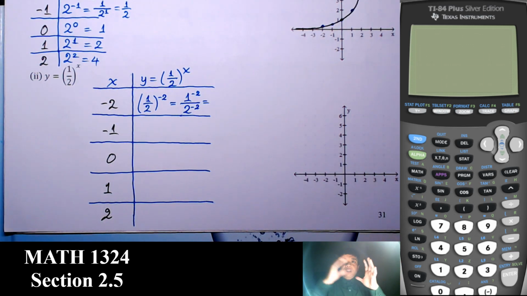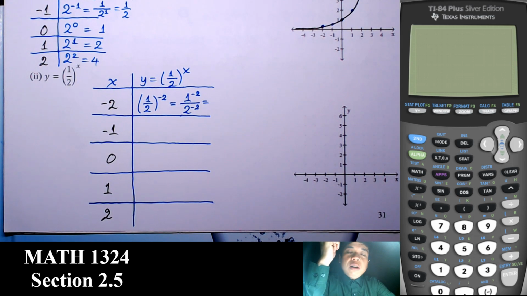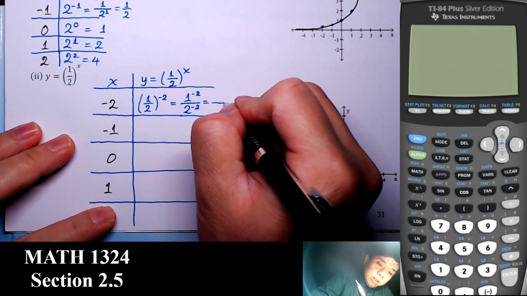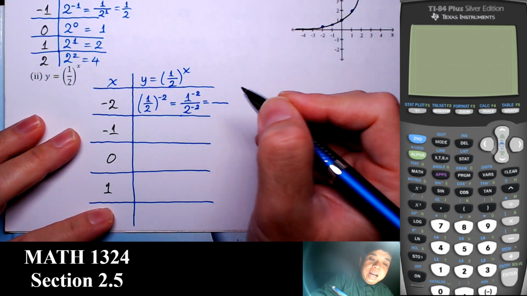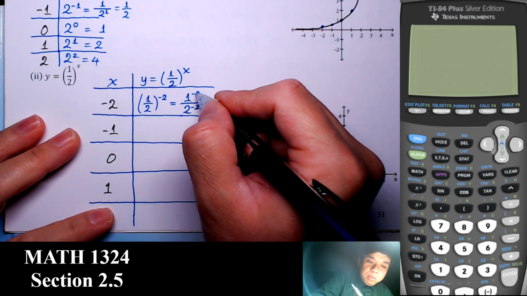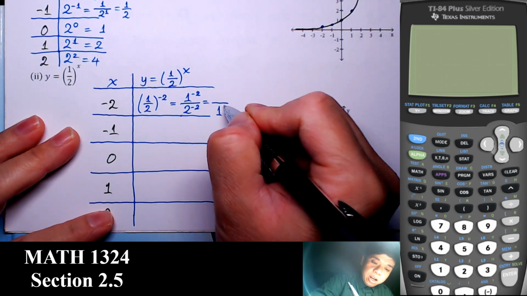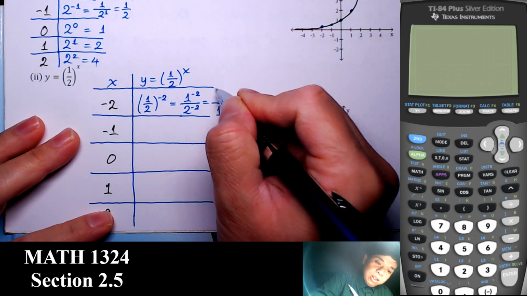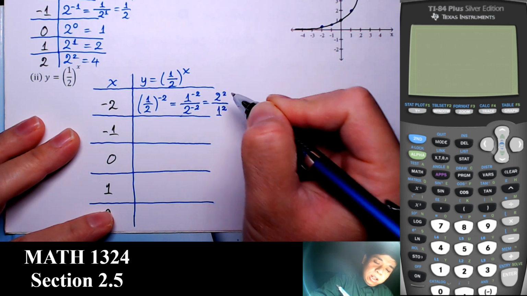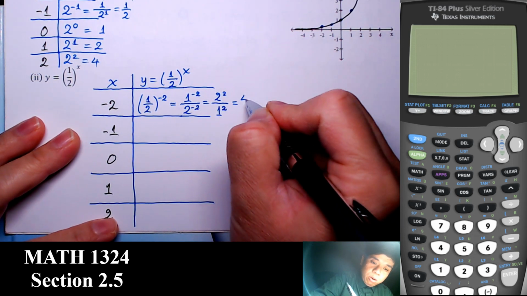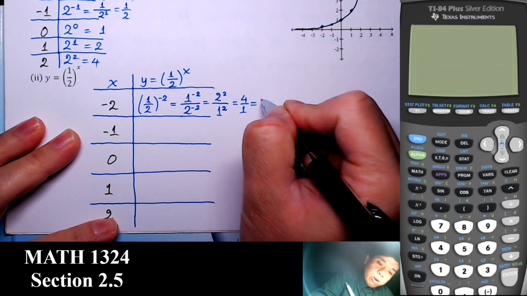So we have a fraction to the power. So that power goes to the top, goes to the bottom. So now we have a negative exponent: cross the line, change the sign, move that to the bottom, change to positive. Move that to the top, change to positive. 2 squared, so we have 4/1, which is 4.